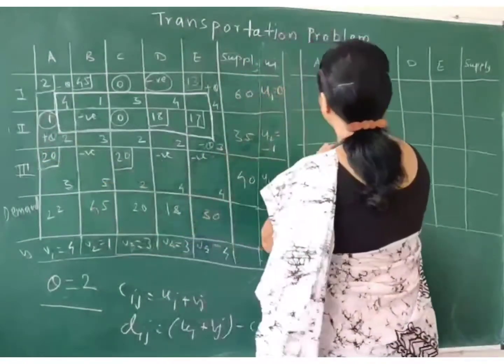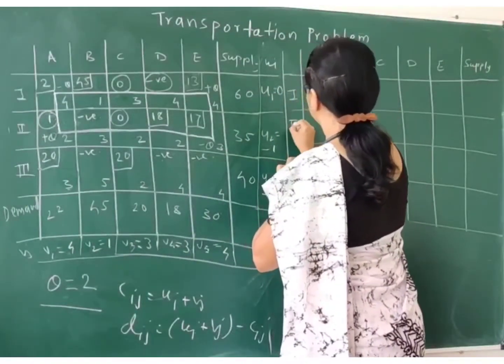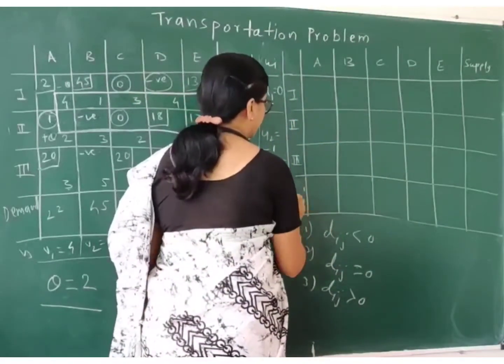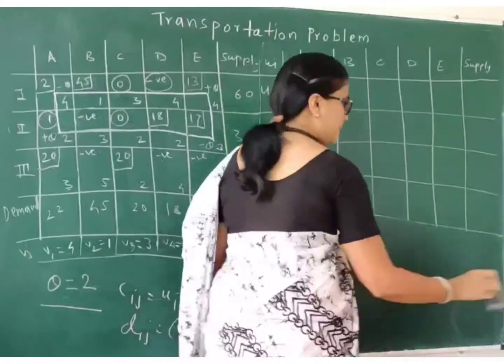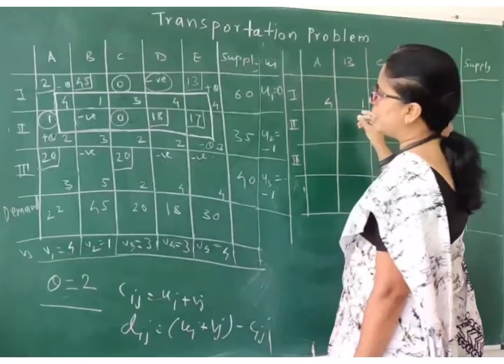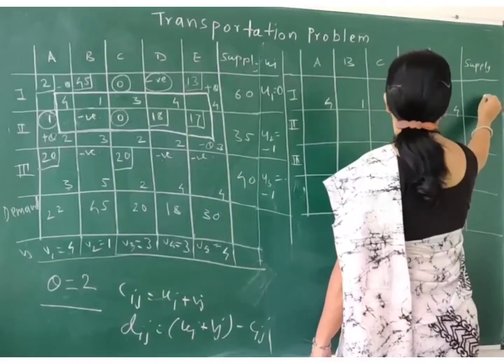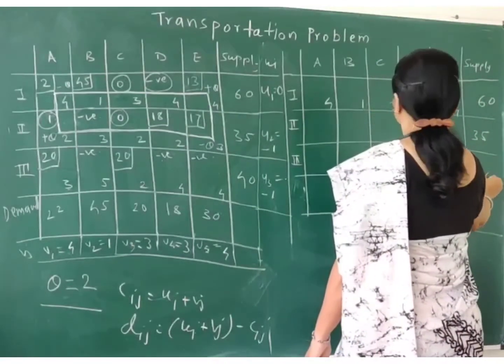Okay. So let me have the table over here. Let me write first of all the cost, that is my actual problem, 3 4 4, and the values of supply become 60, 35, 40.